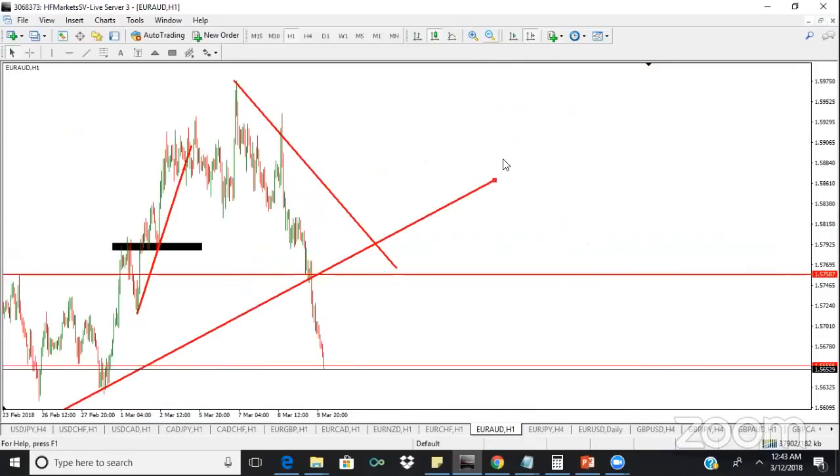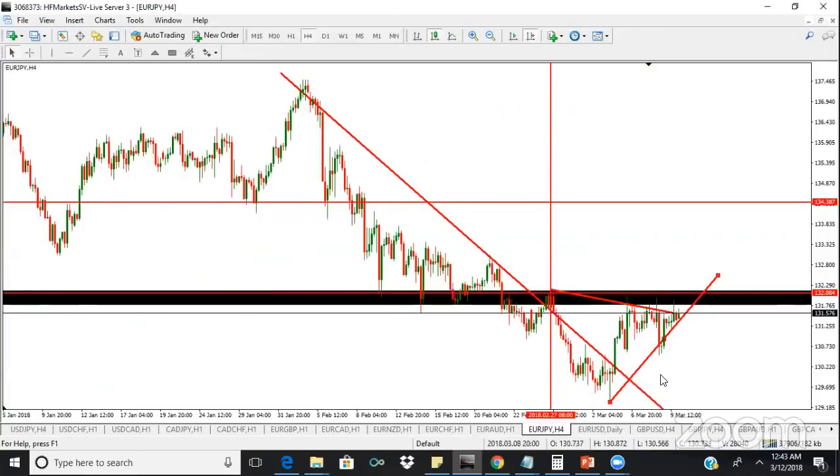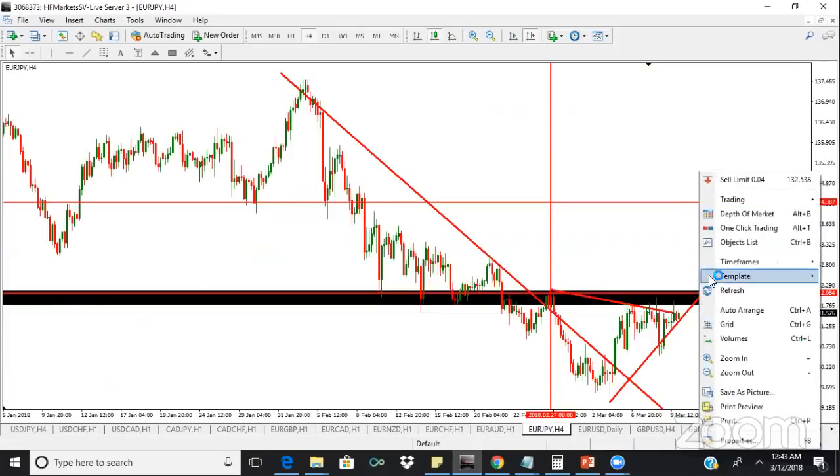So don't be carried away. There'll be a retest before coming down. Don't be carried away on Euro AUD. Okay. Euro NZD. Euro JPY. Let's check what we have.